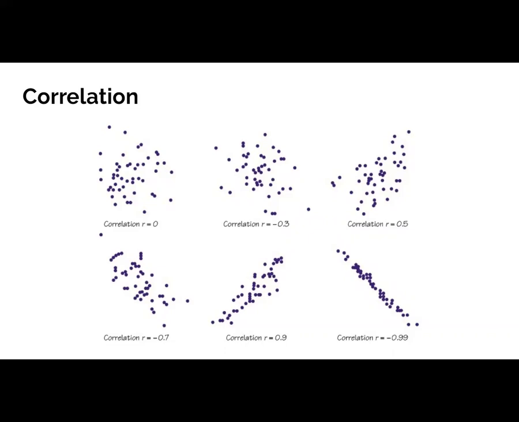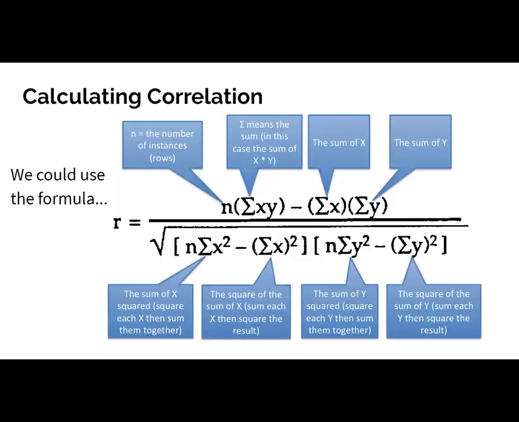You can see that line playing out. Similarly, at 0.5, you can almost see the line; you could draw the trend line in there. And at 0.9, you can almost perfectly see that line. For reference, the x-axis is one of the variables and the y-axis is the other. That's how these are plotted out.